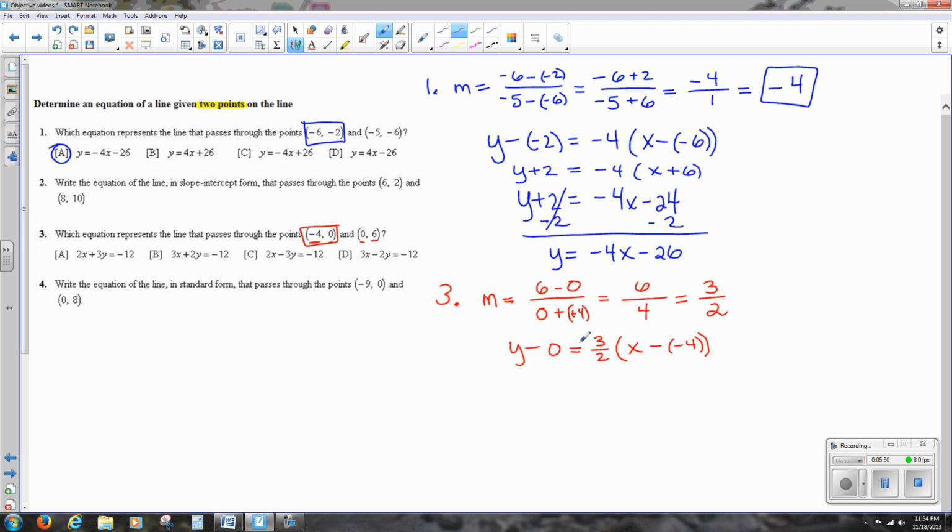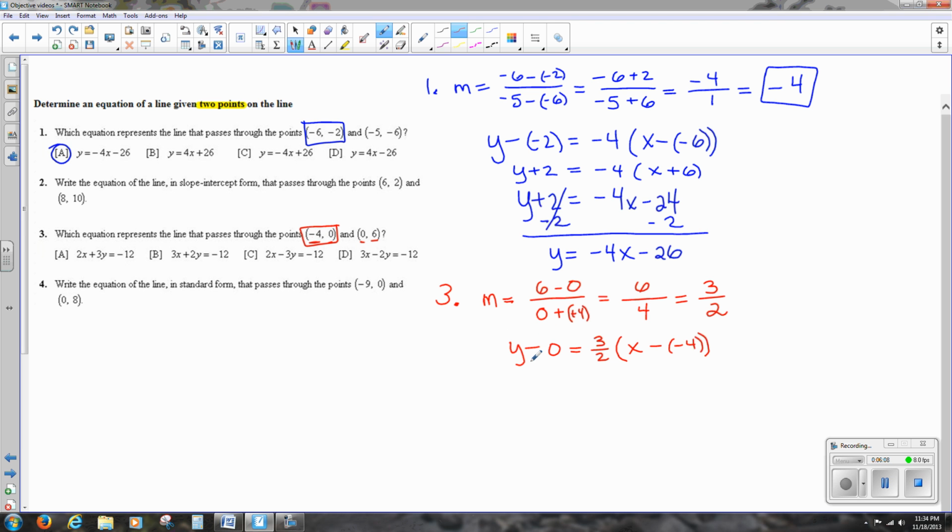Remember, this is all just coming from the reference sheet. Y minus y1 equals m times x minus x1. Take a look at the reference sheet. Go back a couple of videos. Check out the couple of videos right before this where we did a lot of work with point slope form.